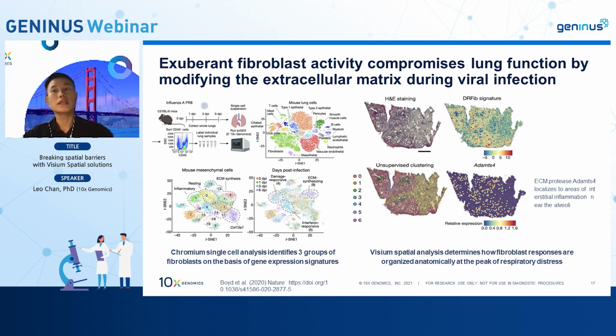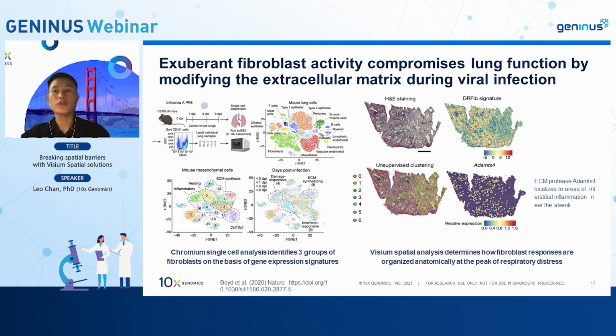And they first used single-cell gene expression profiling analysis to identify all the distinct cell populations. As indicated on your lower left, within the fibroblast group, they observe multiple transcriptional states. Based on gene expressions, they identify them as resting, ECM synthesizing, or inflammatory.